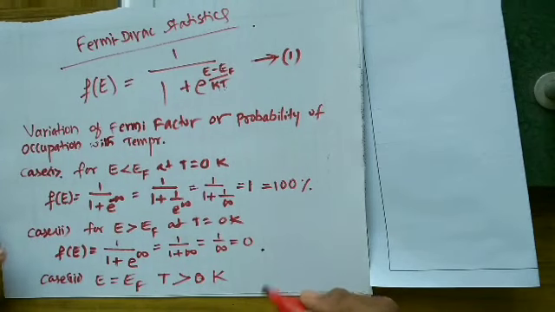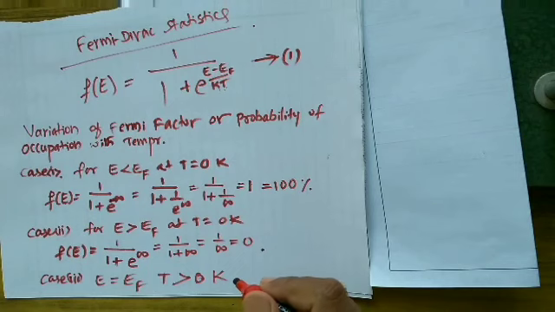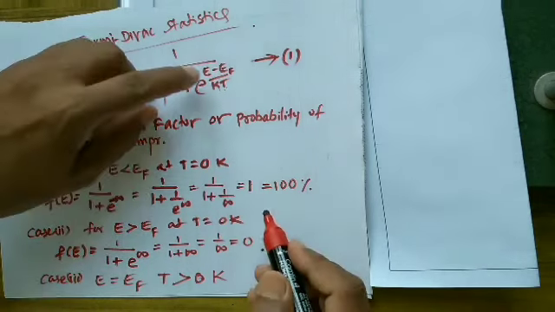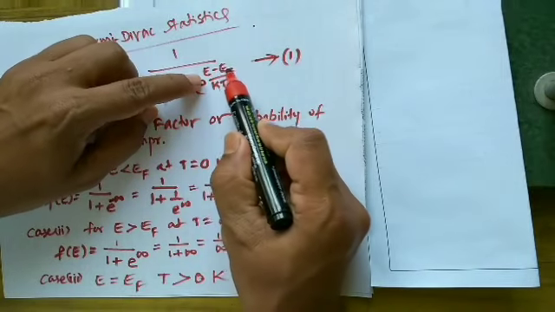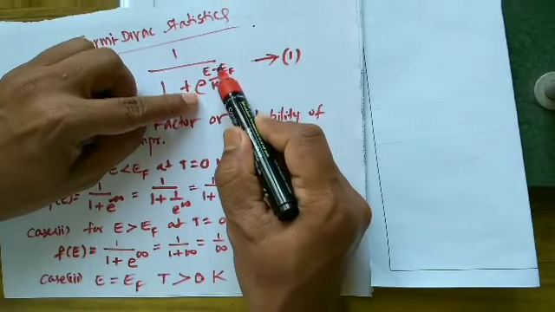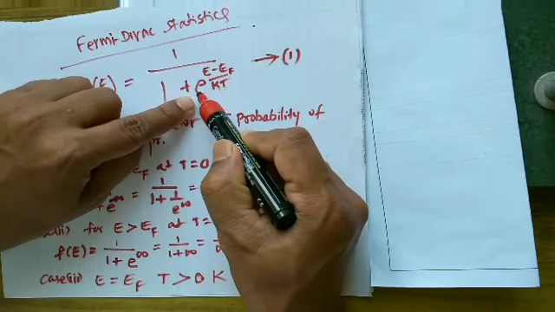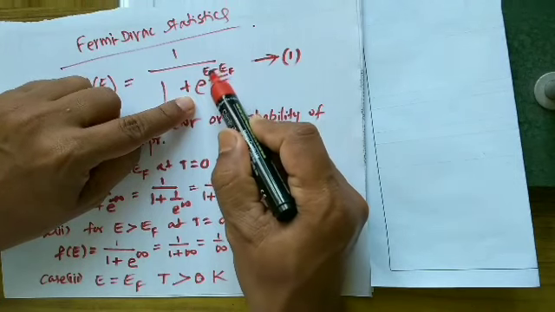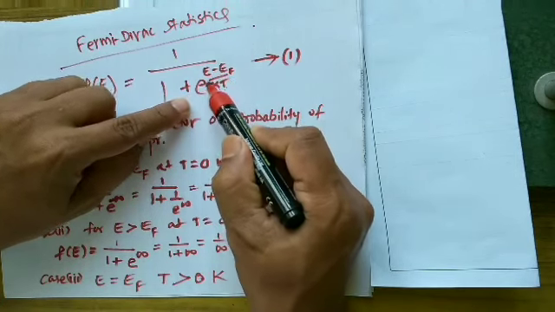Okay, if temperature is different from 0 degree absolute but E is equal to EF, what would be the case? You can understand from the equation that if E is equal to EF, numerator is 0. So that we will get e power 0. E power 0 is 1.